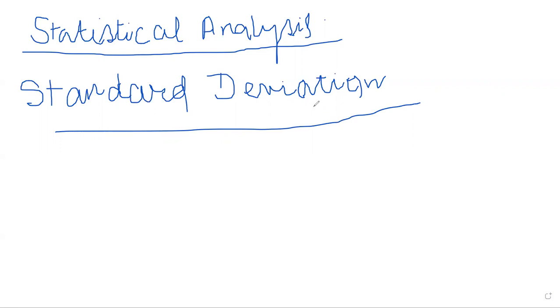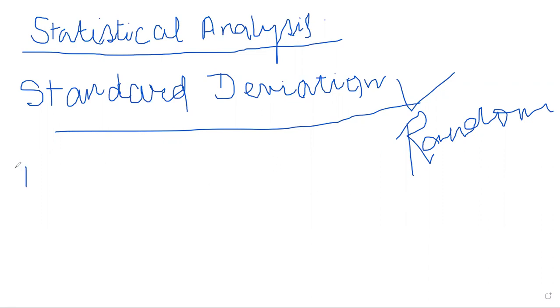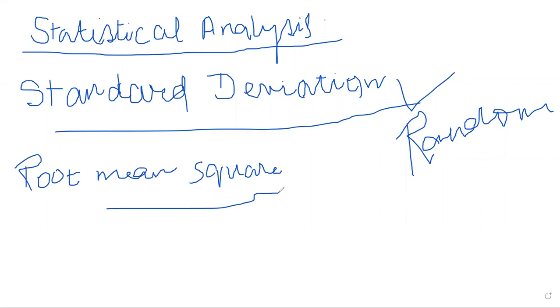The most important term related to the analysis of random error is the standard deviation, also known as the root mean square deviation. So the other name for standard deviation is root mean square deviation.